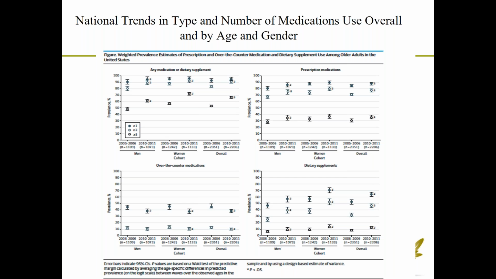And 5 or more is the general measure of polypharmacy. And that's associated with increased mortality risk in older adults. So it's kind of arbitrary, but it's a generally accepted cutoff in terms of number of medications.